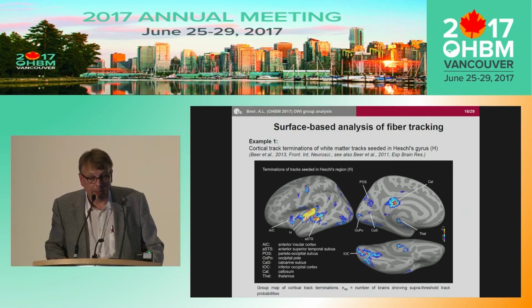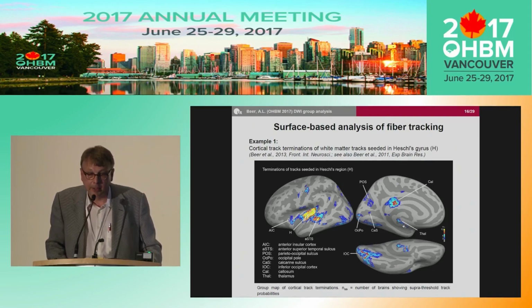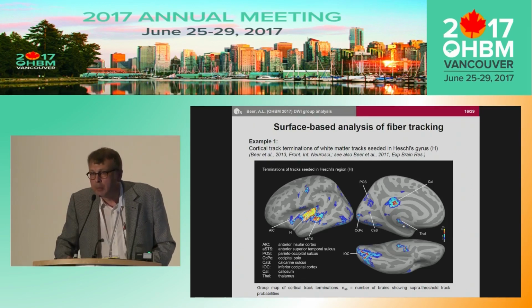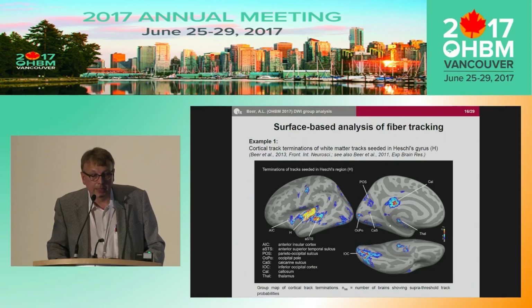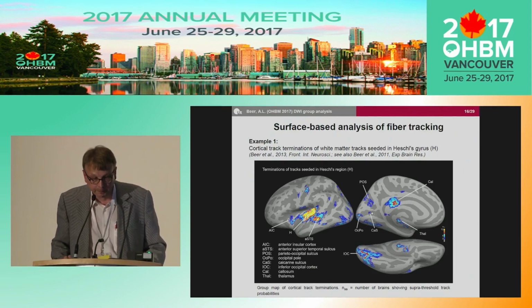And that's what we see here, the track termination maps. When we seed in auditory cortex, Heschl's gyrus, we have track terminations in the superior temporal sulcus, and the corpus callosum, as expected, the thalamus, not overly surprising. But we also saw track terminations in other brain regions, for instance, the medial occipital cortex, including the calcarine sulcus.